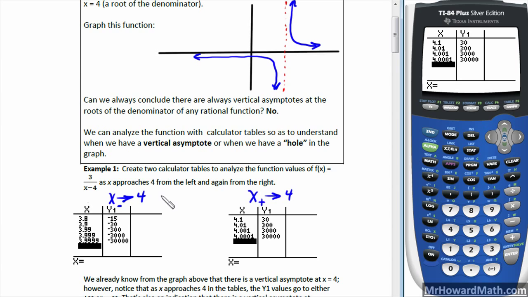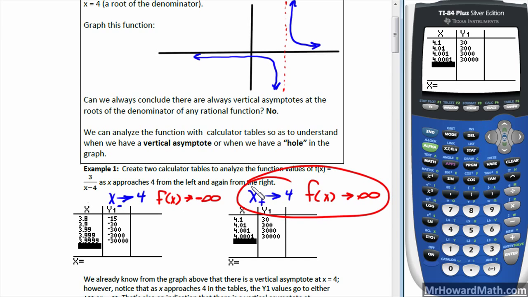So we can write that this way: f of x approaches negative infinity for that table, and then f of x approaches positive infinity for this table. So as x approaches 4 from the left, f of x approaches negative infinity. As x approaches 4 from the right, f of x approaches infinity.